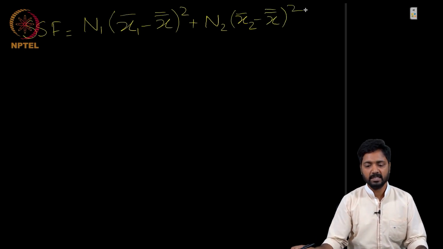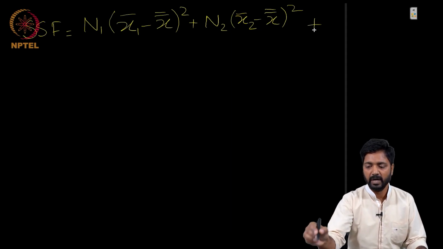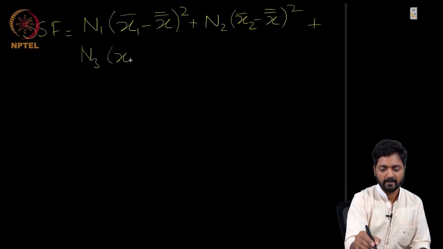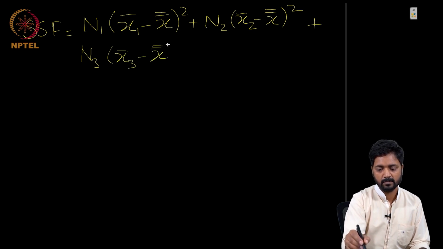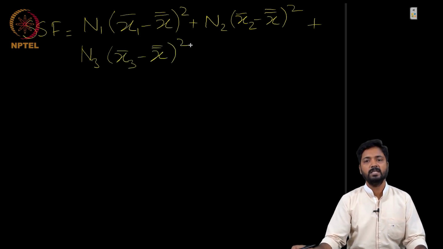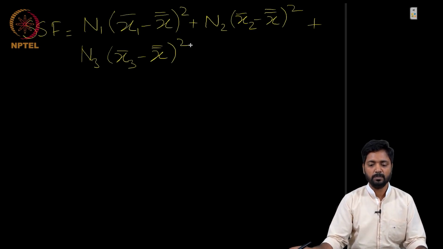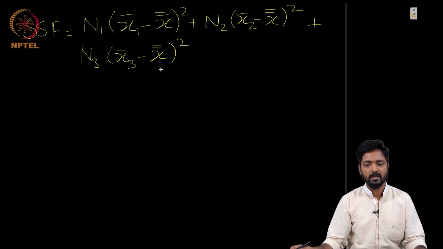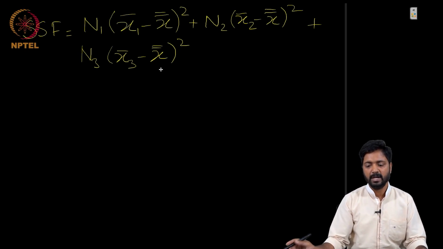Please note that it is a square factor, so each of the terms will be squared here. And this is essentially the deviation from the grand average, which we denote by x double bar, of the individual sample means.